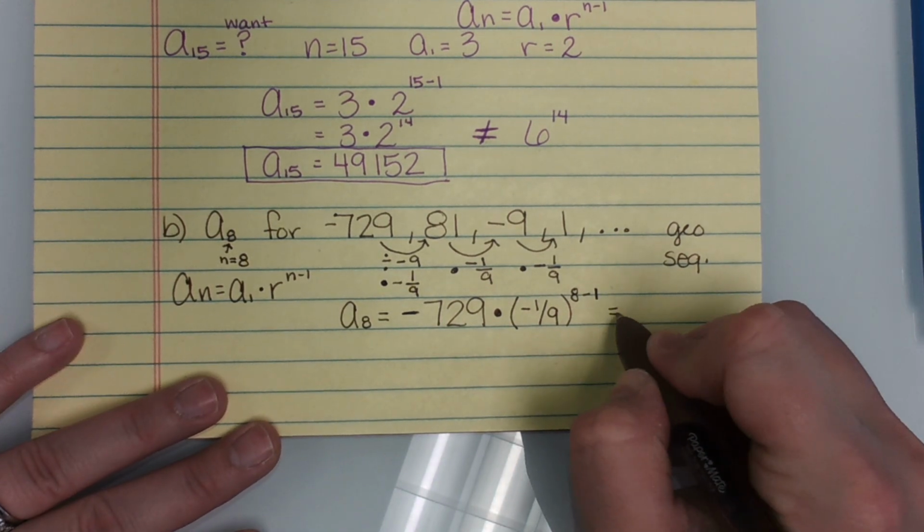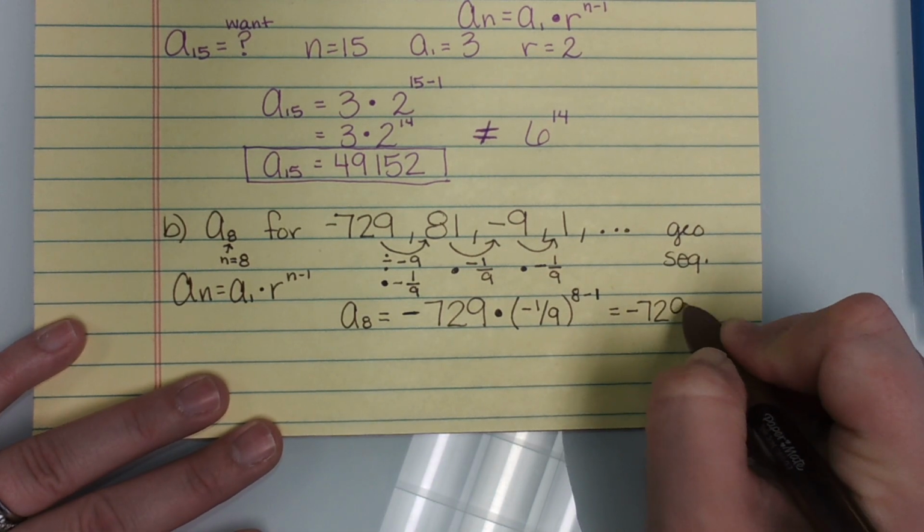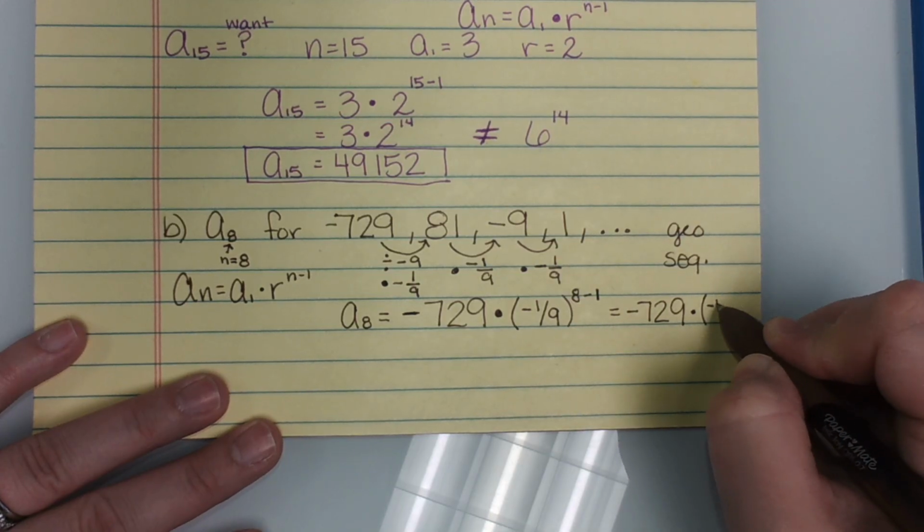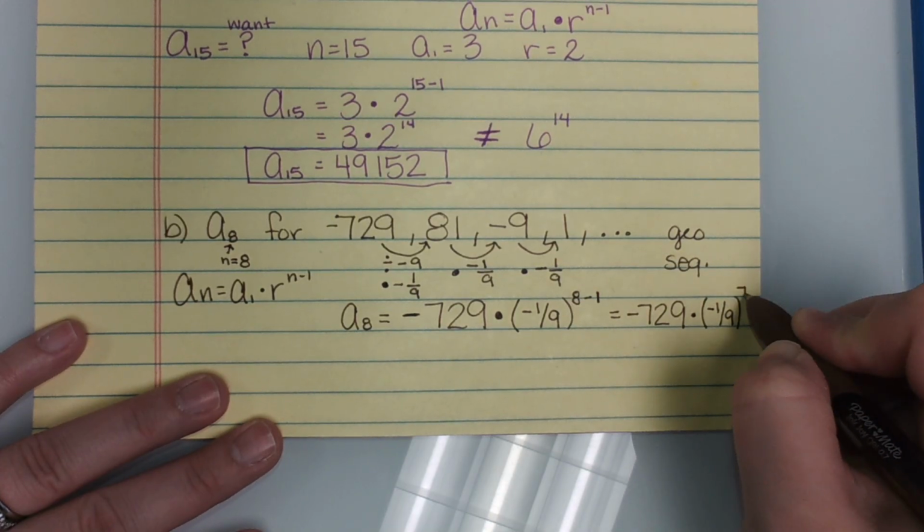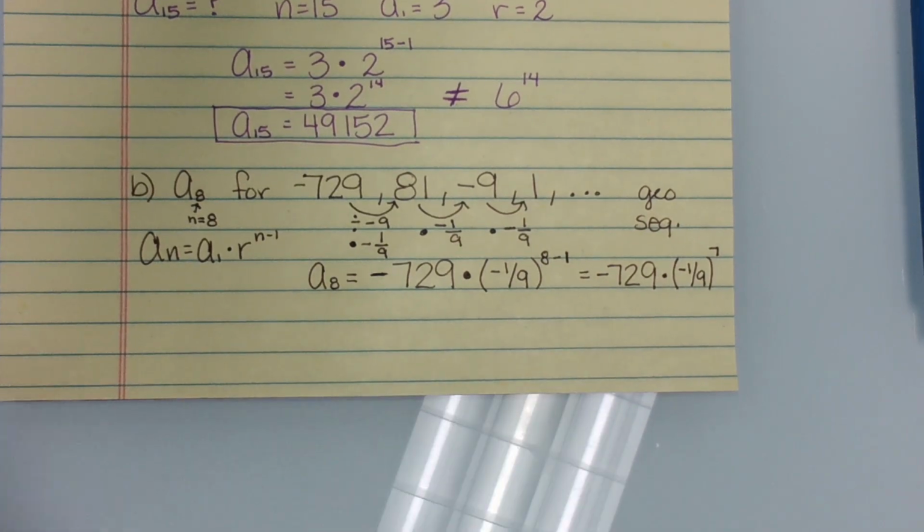Now when I go to plug it into my calculator, I'm going to put negative 1/9 to the power of 7. Now, do you notice that I put the negative 1/9 in parentheses here? Is that necessary? Yes. It's necessary for multiple reasons. If r is a fraction or if r is negative, it can make a difference.